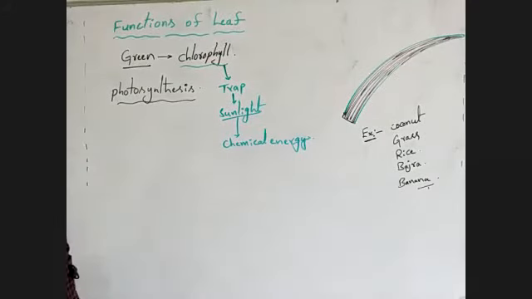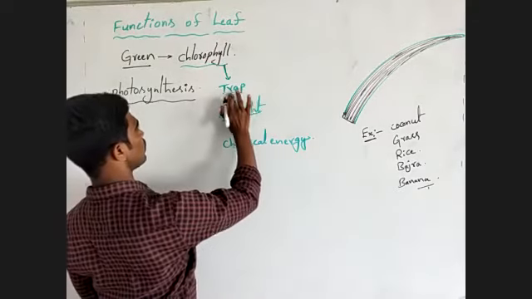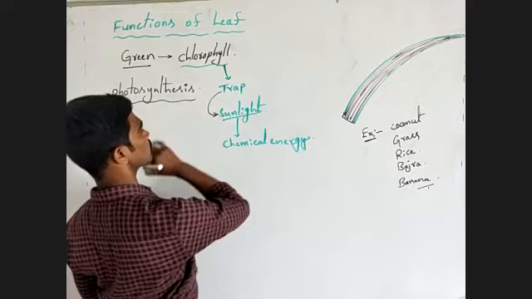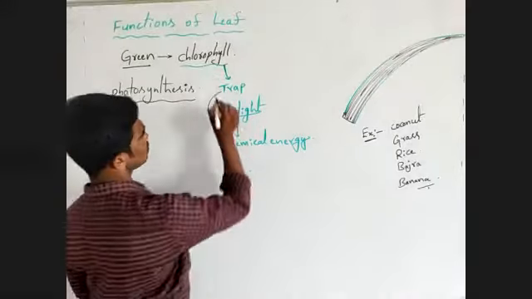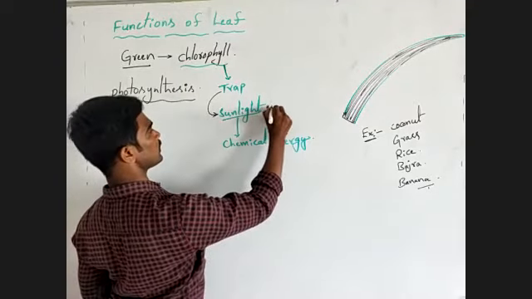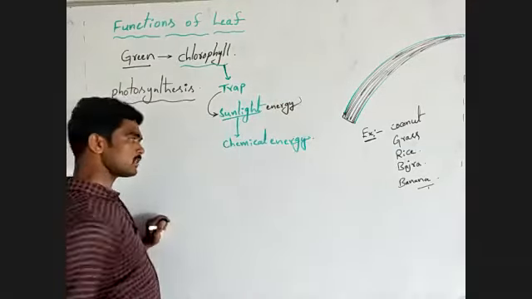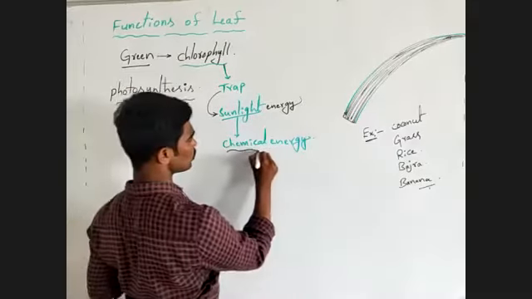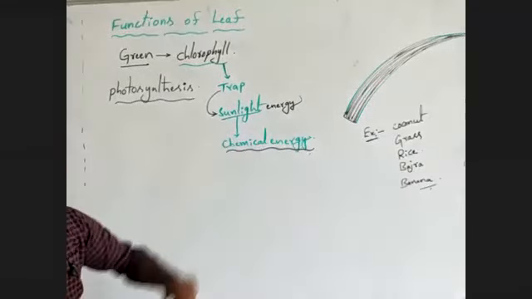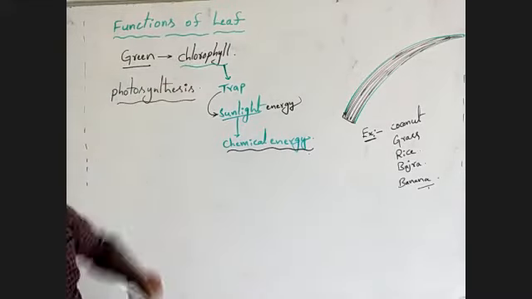Understanding? Chlorophyll pigment traps the sunlight. Then it converts the sunlight energy into chemical energy. That is why it plays very important role.